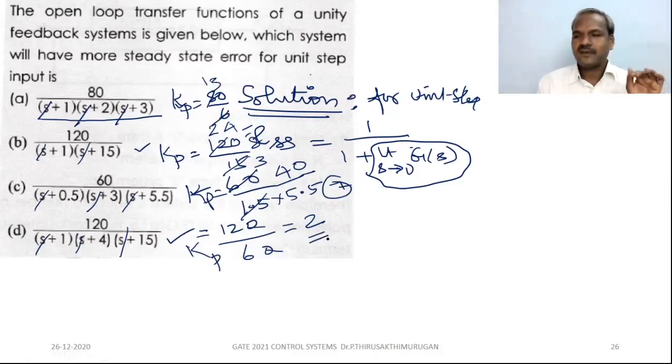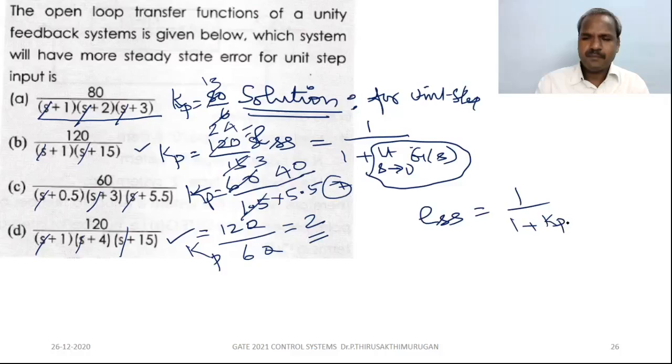If the Kp value is lesser, what is the steady state error? 1 by 1 plus Kp. If Kp decreases, steady state error increases.